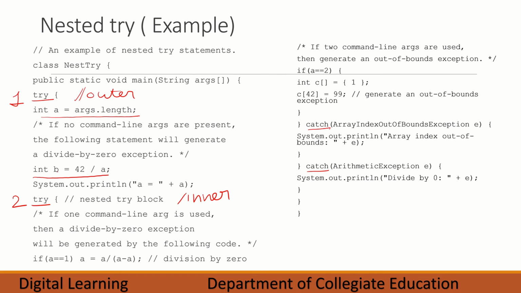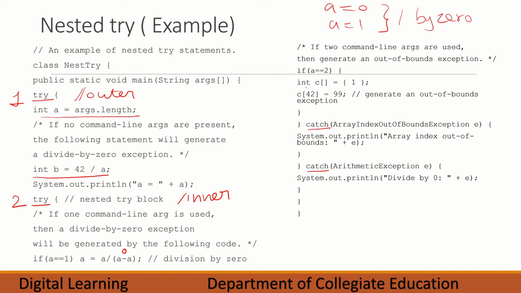If a is equal to 0, then it may generate an error. Then we check if a is equal to 1, then a is equal to a divided by a minus 1. 1 minus 1 is once again 0. Here also it is going to generate an error, that is divide by 0. So when a is equal to 0 or a is equal to 1, we are going to generate a divide by 0 exception.